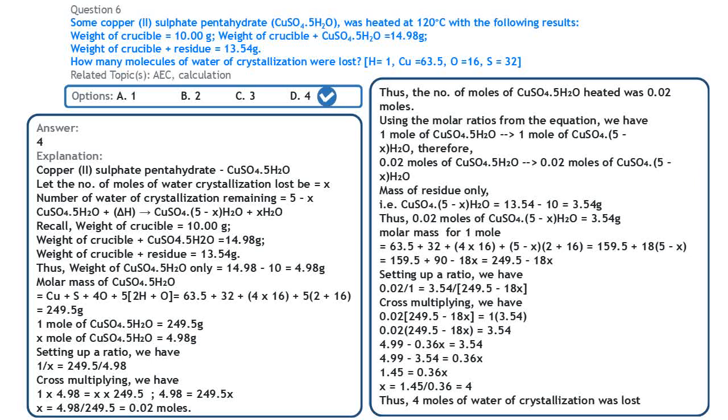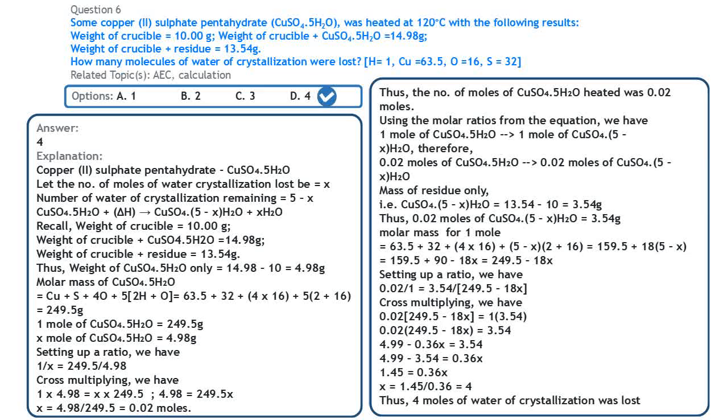If we represent the number of moles of water of crystallization that is lost as X, then the remaining water of crystallization is going to be 5 minus the X that is lost. When the substance was heated, it decomposed into copper sulfate with a reduced water of crystallization. So we still have the copper sulfate, however the water of crystallization has reduced. Some of it has been lost.